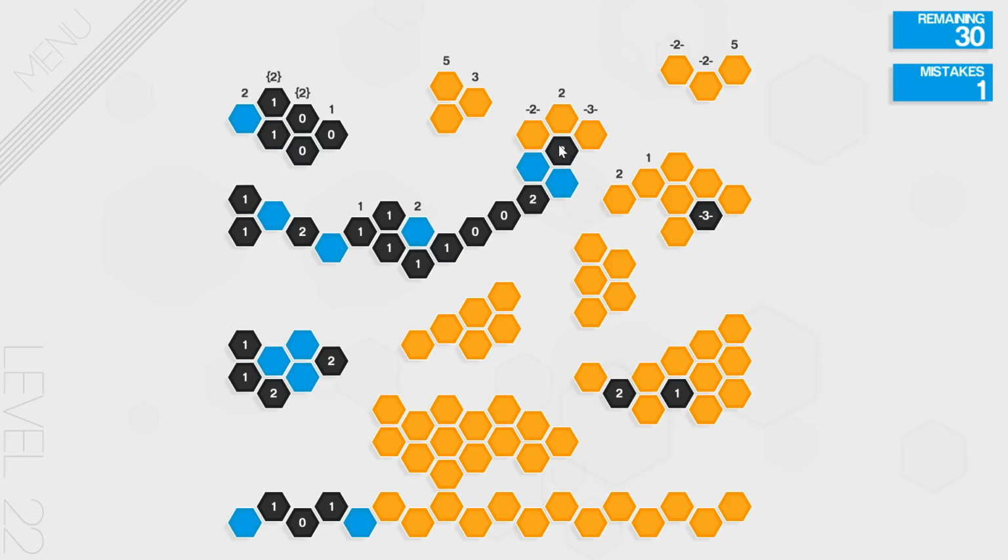There we go. 2 non-continuous means that one's out, and then 2 means that one's in, which means that one's out. So we still have a lot more that we could do there. This one has 5, and this one has 3.